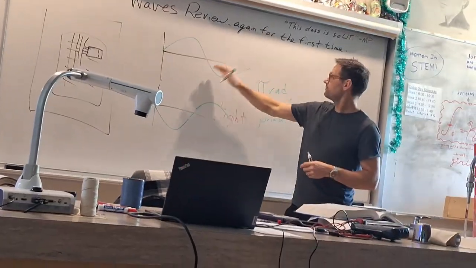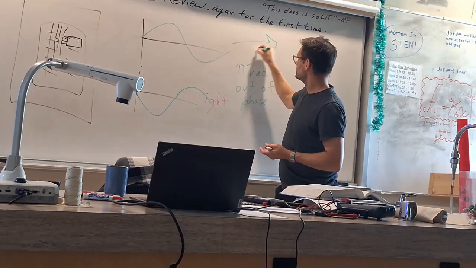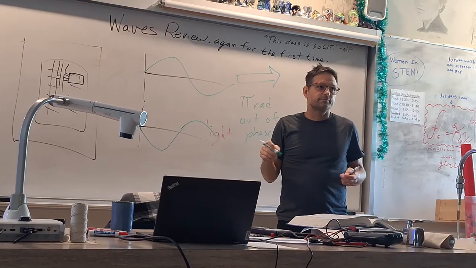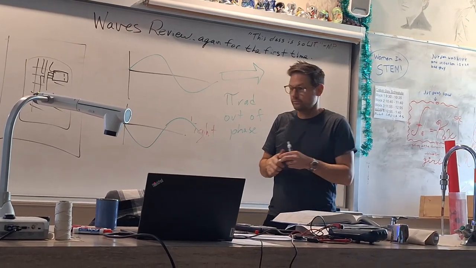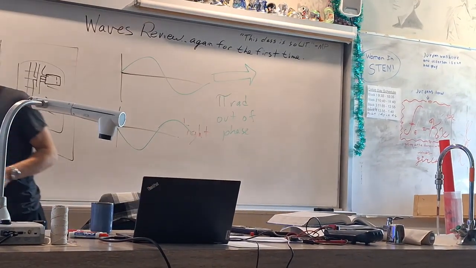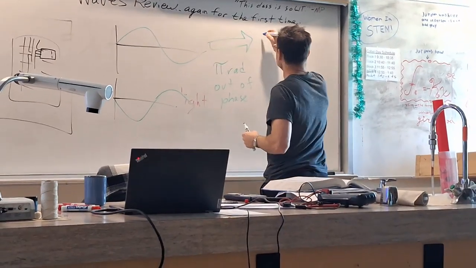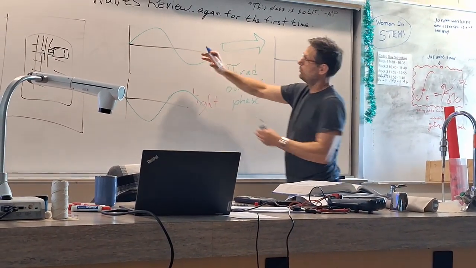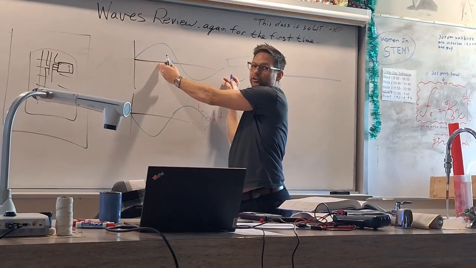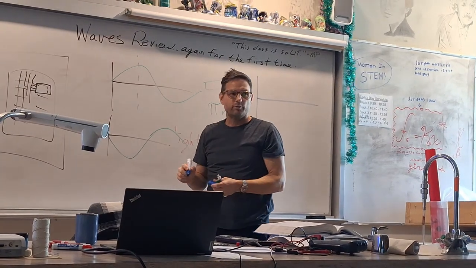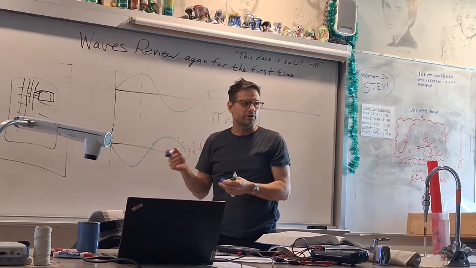If you wanted to shift this forward, just say pi over 2, what would you do? Sine, cosine wave. Yeah, you would just pull everything forward like this far, right? Pi over 2 being 90 degrees, a quarter of a wavelength.